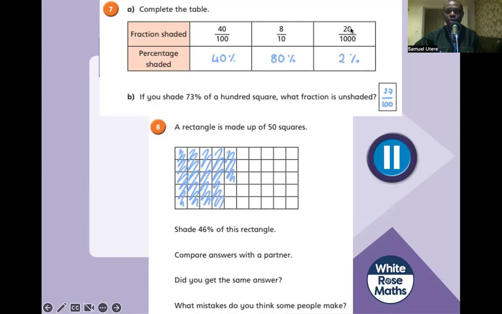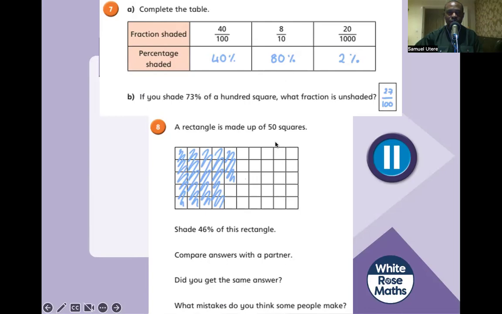That makes the numerator 2, and the denominator 100. 2 out of 100 is 2%. Here we could simply make the denominator 100 by multiplying by 10, or having the knowledge that 8 tenths is 80 hundredths, and that's 80%.